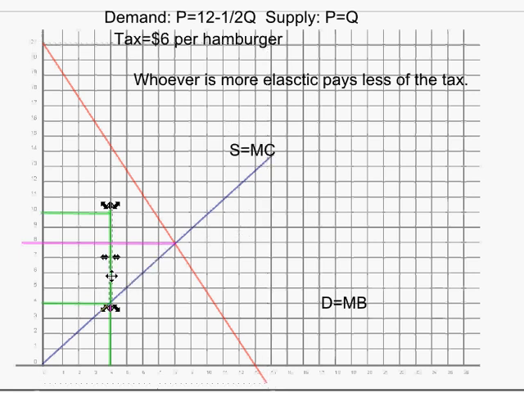Now let me pick up that tax, which is $6, that little green $6 there, and let me jam it into this little wedge here. And this is not going to be a nice round number since I just picked up the demand curve and moved it around. But it looks like this equilibrium quantity, the way we've done it, is going to be somewhere between 5 and 6. And the equilibrium price is going to be somewhere around 12.